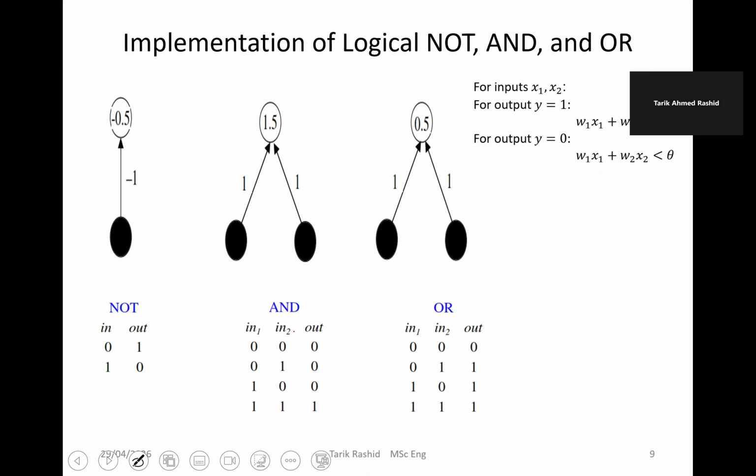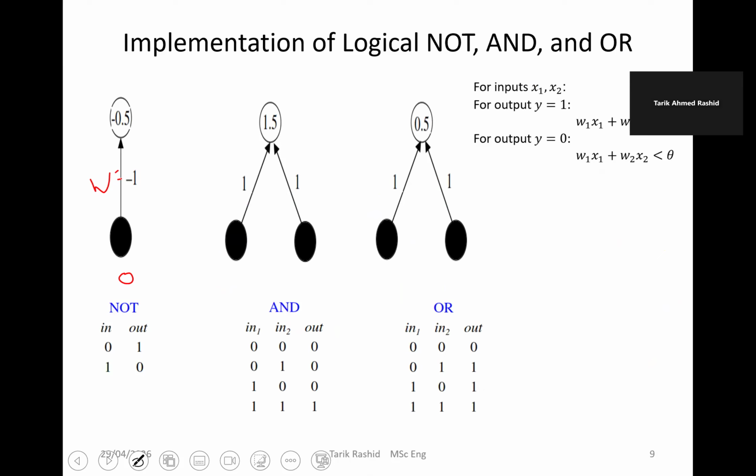So let's do it for the NOT gate. If we have 0 here, multiplied by the weight connection, which is minus 1, 0 multiplied by minus 1 is 0. 0 is less than 0.5, that's a no, then it means the output is 1.